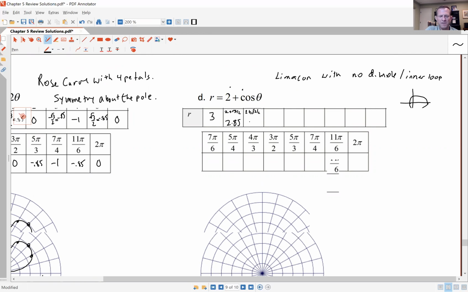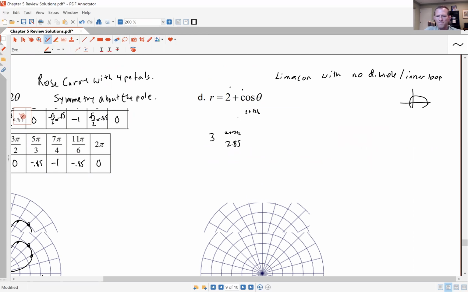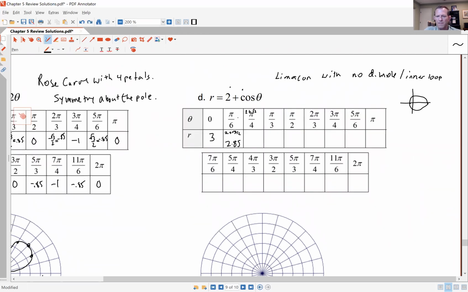So this gives us around 2.7. Cosine of pi over 3 is 1/2 plus 2 makes 2.5. Cosine of pi over 2 is 0 plus 2 makes 2.